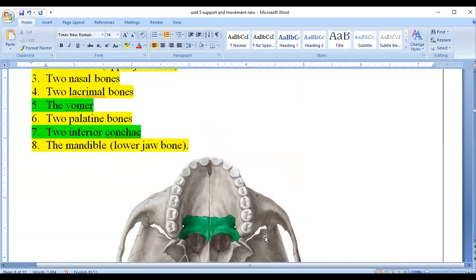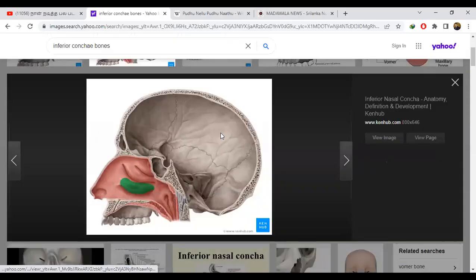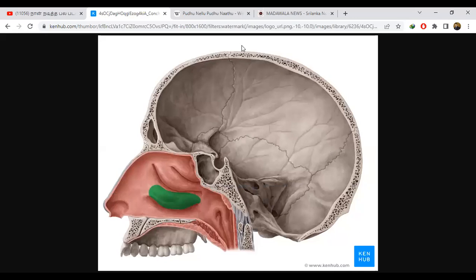Now, inside the cranium, there is the brain case. You can see this picture. In this picture, this is the brain case. Understood? What will be accommodated inside this brain case? The brain.